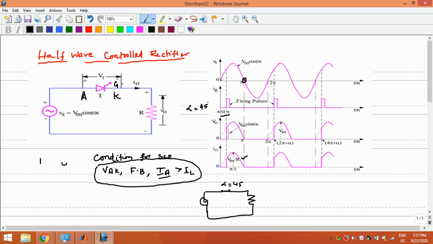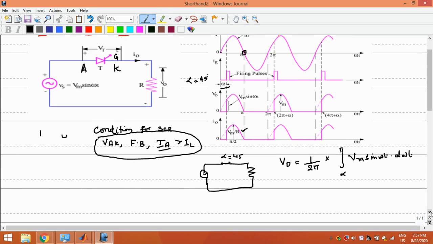So SCR gets off. Once the SCR gets off, there will be no current flow and there will be no voltage across your thyristor. Mathematically, when you try to write an expression for this, all you need to do is V naught is equal to 1 by 2 pi, integration from alpha to pi of the input voltage Vs, nothing but Vm sine omega t d omega t.